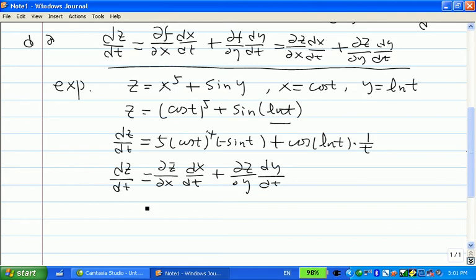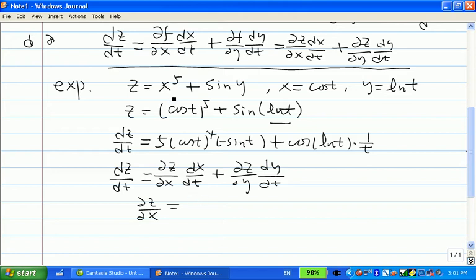What is the partial z with respect to x? My function here is z equals x to the fifth plus sine y. You take the partial derivative with respect to x, which means you treat y as a constant.